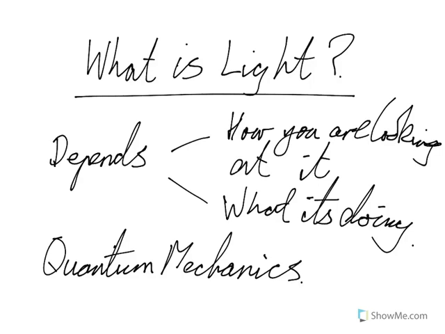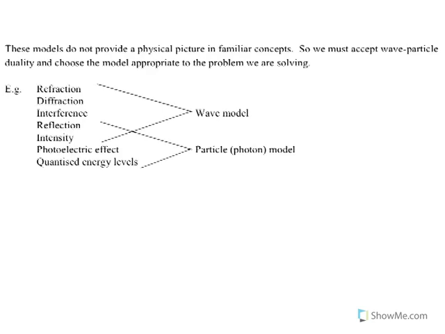Schrödinger and Heisenberg, two very famous physicists, put that together. But for us, it depends how you're looking at it and what it's doing. What do we need to remember? The models don't provide a physical picture, but they give us something we can visualise, like waves and particles, and they describe the behaviour.